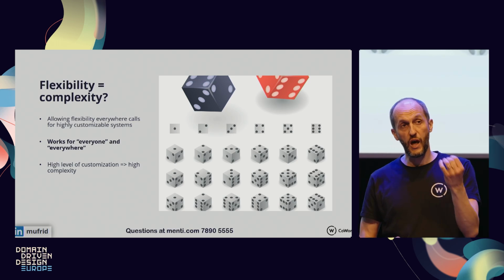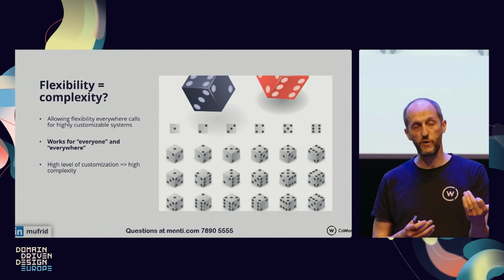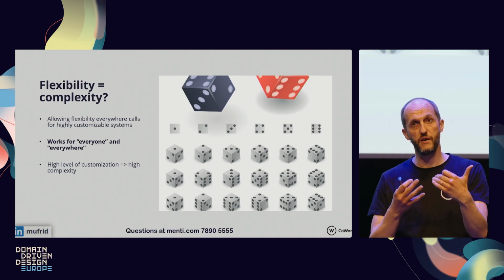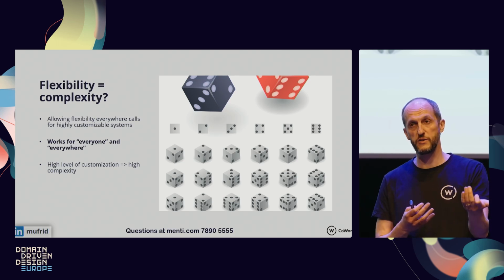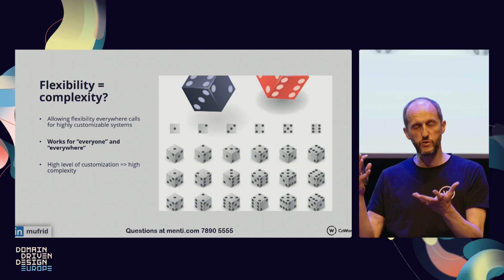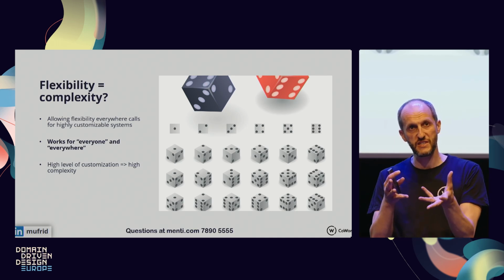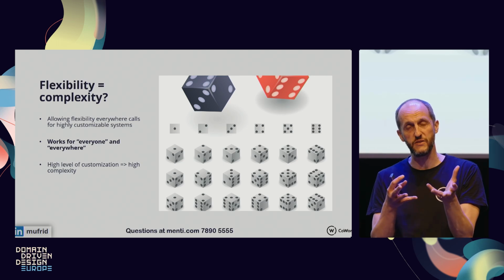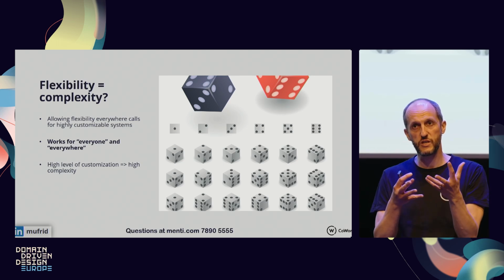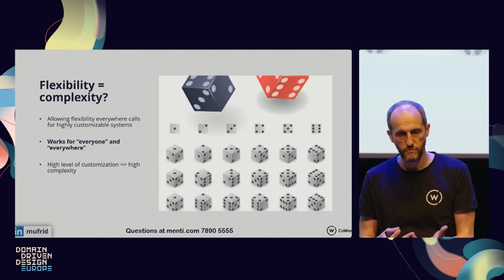Now, when you allow flexibility to take over, you are building a highly configurable, customizable system. Now, many people like that. But all those permutations of different configuration parameters can get really challenging to understand. So it's very difficult to reproduce what our customers are doing.